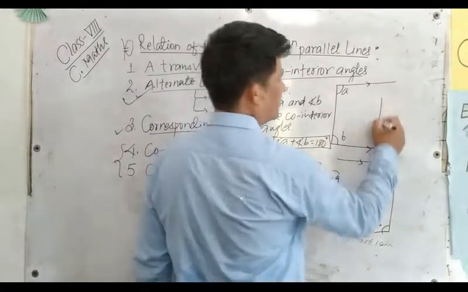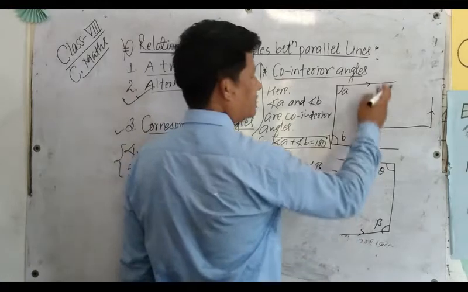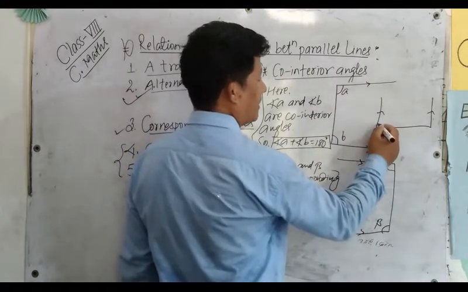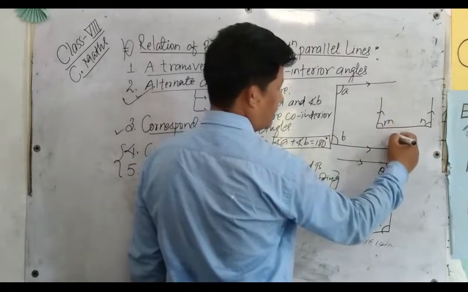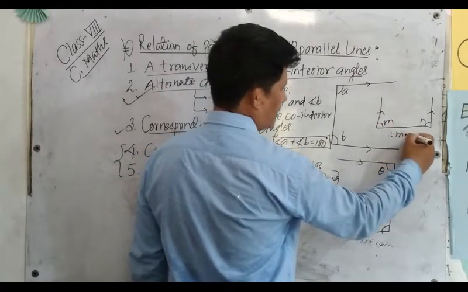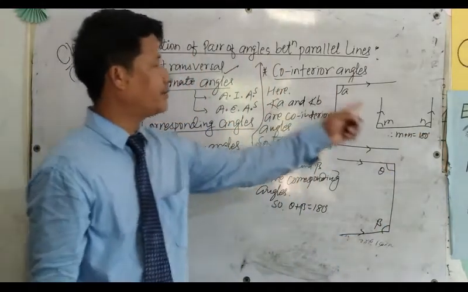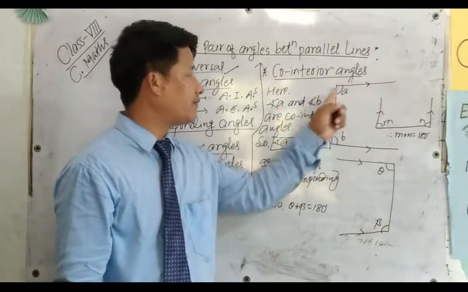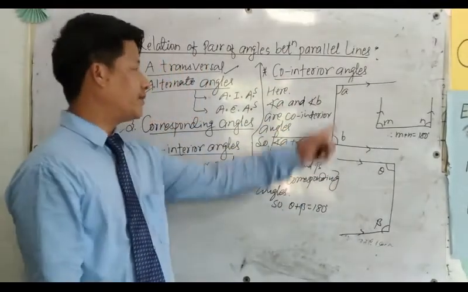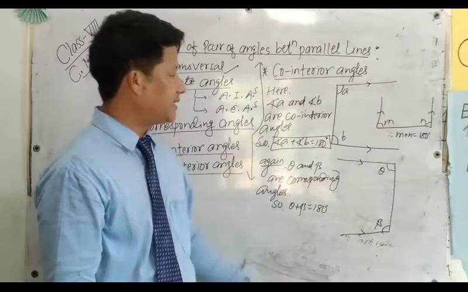You can take this type also. If these two lines are parallel, then we can take these two angles, M and N, so M plus N equals 180 degrees can be written. In this way you can identify co-interior angles, formed in the shape of C, either reversed or original.